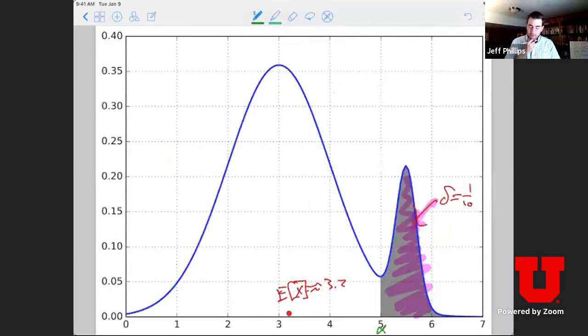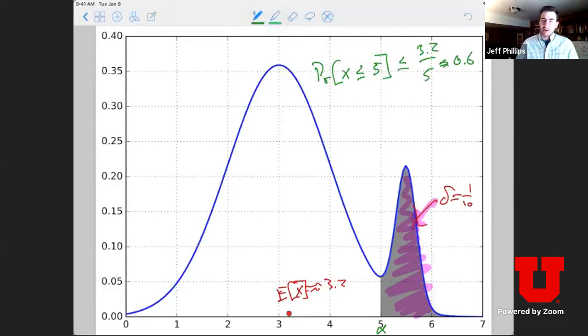If I do it with this example instead, I'm going to get that the probability that x is greater than 5 is less than or equal to about 3.2 over 5, which is about 0.6. So I'd say there could be 60% of the probability greater than 5 if all I know is this expected value, which is not a very good estimate.